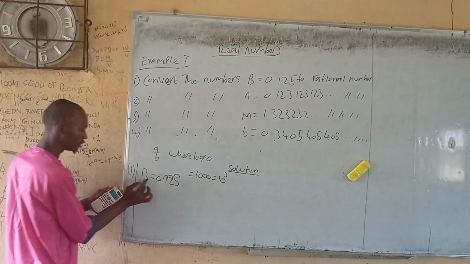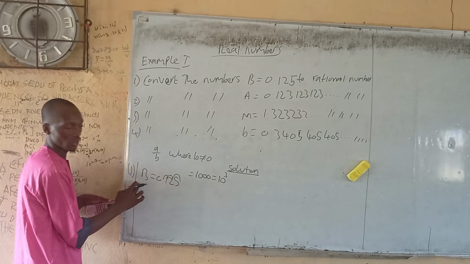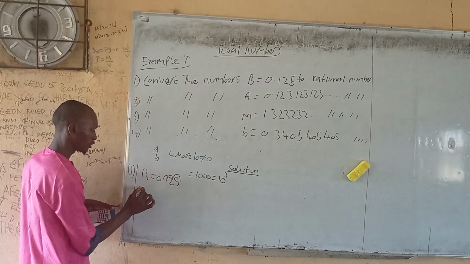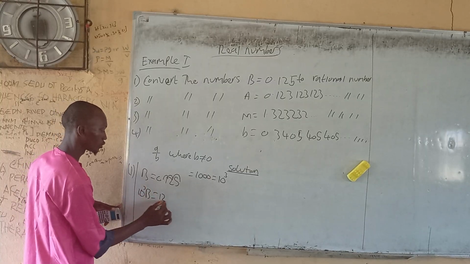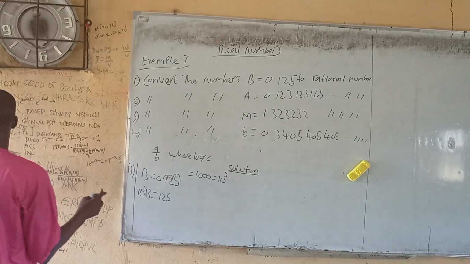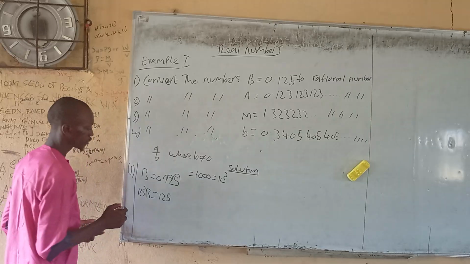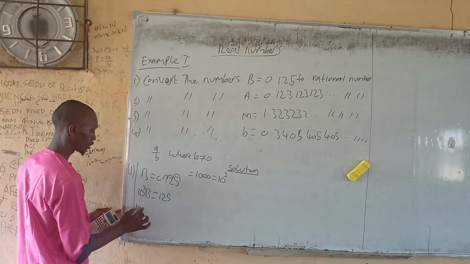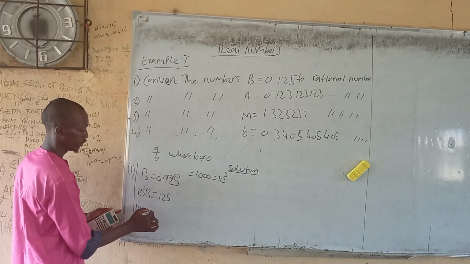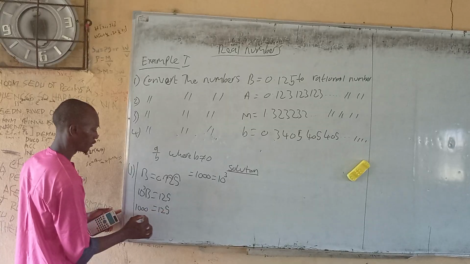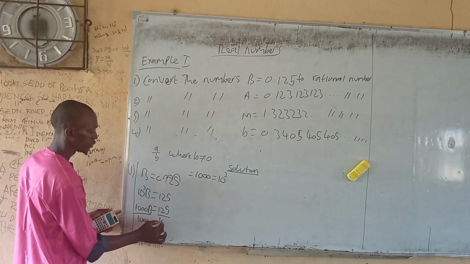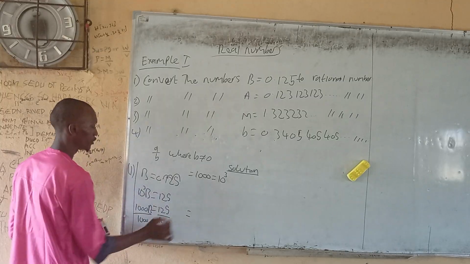As we move this way, we multiply it with B. It will now be 10 raised to the power of 3 times B equals 125. That's the reason I said we should use this method. Now, 10 to the power of 3 is 1000, which is equal to 125. Your b divided by 1000, divided by 1000. Our answer will now be b.